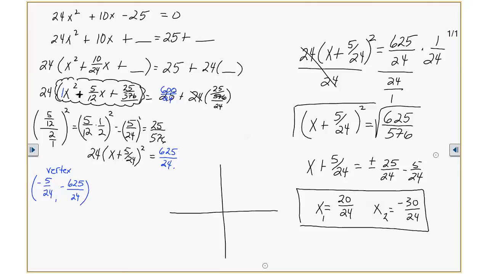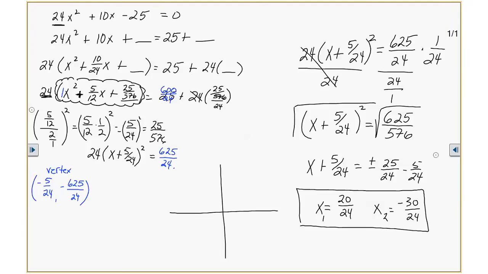Have we not gone over the family of graphs? I thought we went over that. Yeah, I think we did too. I just ignored it. So it's a skinny graph because that's above 1. That right there is above 1, so it's a very skinny graph, or it's compressed along the x-axis or stretched along the y-axis.